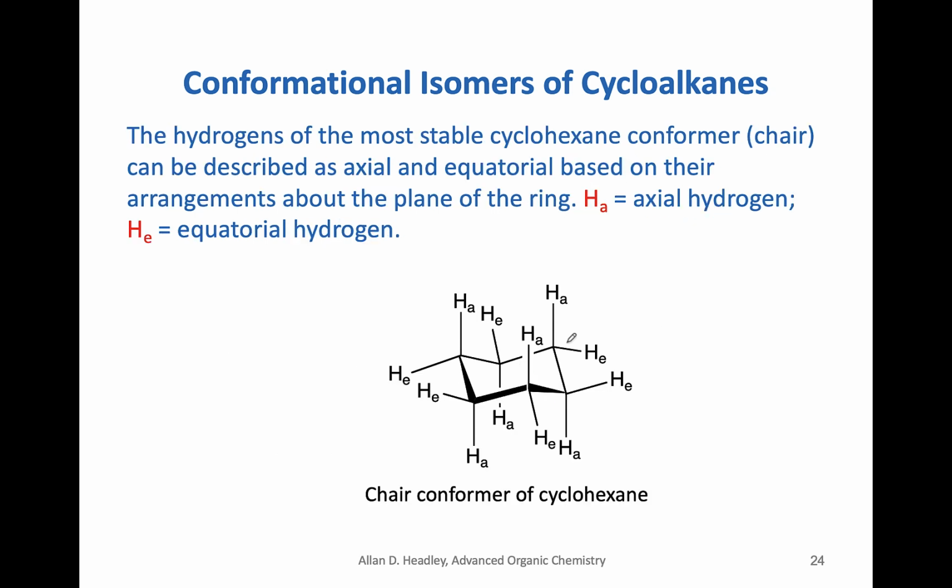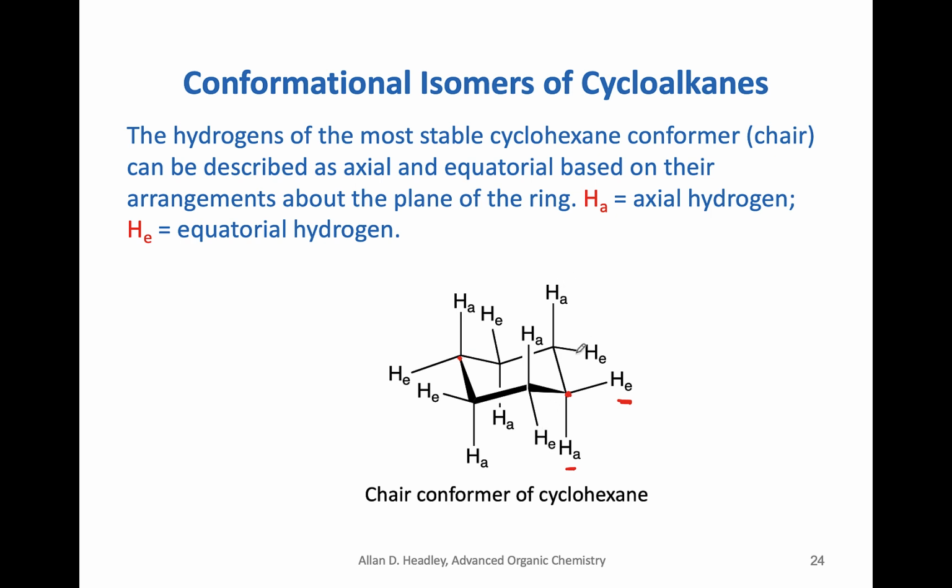All right, let's look at the chair conformer. Since we have decided that it is the most stable conformer, let's carry out our analysis based on the chair conformer. Again, here's the chair conformer, and each carbon has, of course, two hydrogens. We can describe these as the equatorial and the axial, just as we did for the cyclopentane.